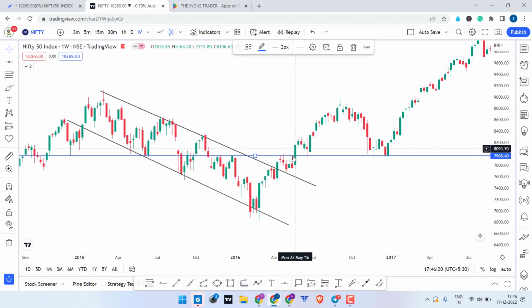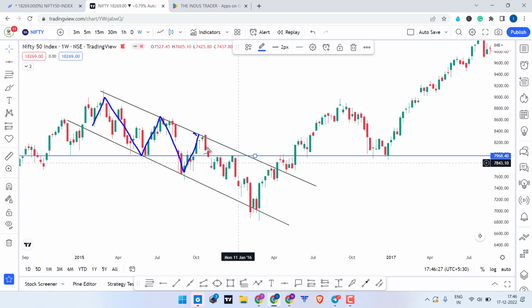And once this particular structure breaks, a very important observation here: the Nifty is trading in a downtrend, making lower lows and lower highs, and in this particular range it breaks the recent value area, that is the lower high, and from there in this pullback we will take the trade.